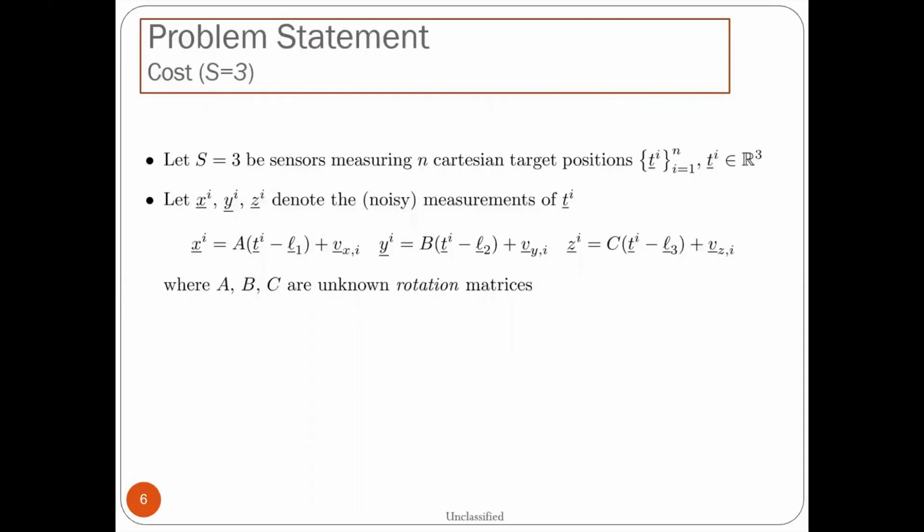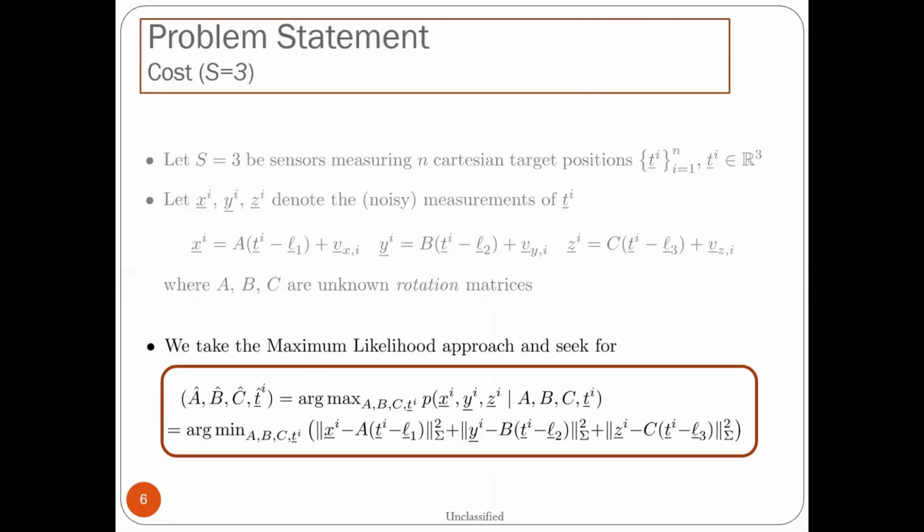This measurement is noisy, and the noise is represented by the vector Vxi. The same goes for sensors 2 and 3. However, they have rotational biases represented by the matrices B and C. All the matrices A, B, and C, as well as the set of Ti, are unknowns.